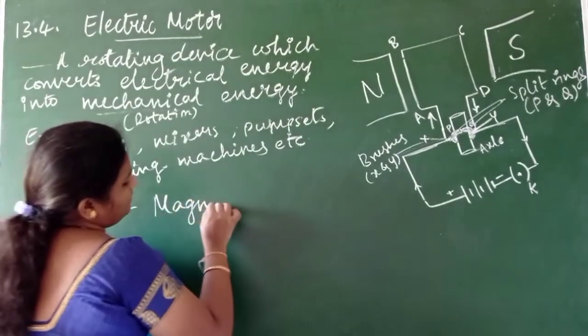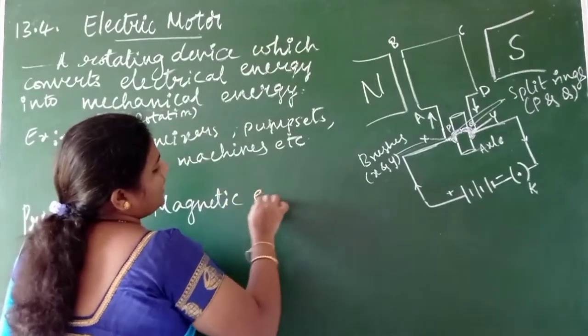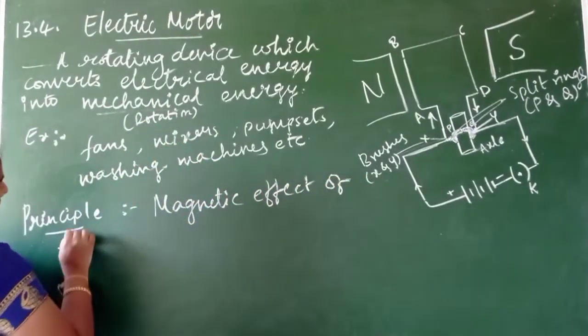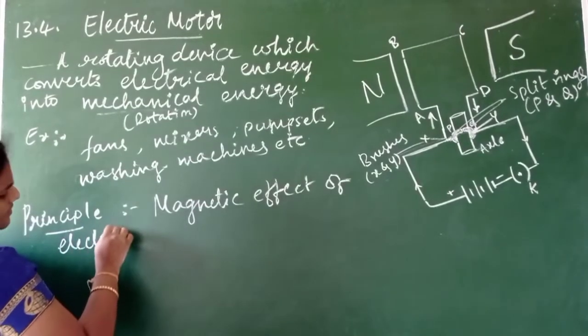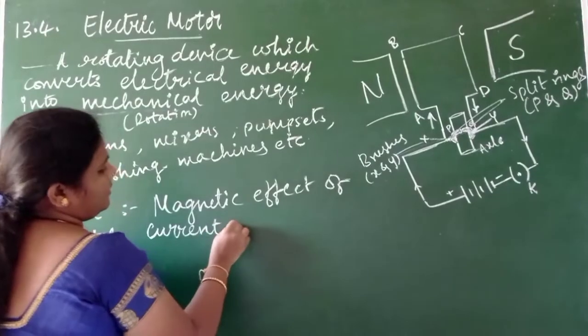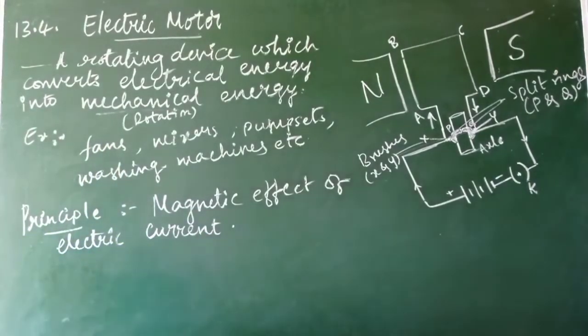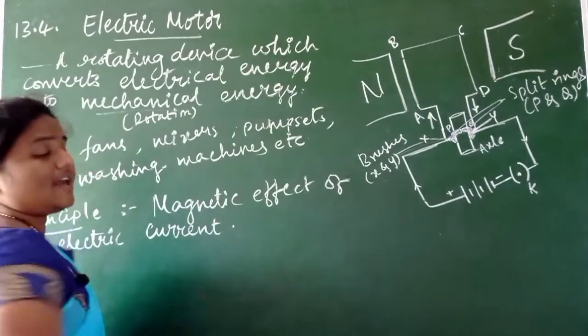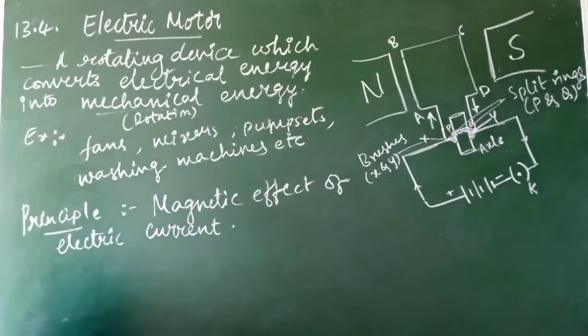That is, it is based on the magnetic effect of electric current and a current carrying conductor. Here we will take it as a coil. A current carrying conductor, if it is placed in a magnetic field, experiences a force. That is the principle here.